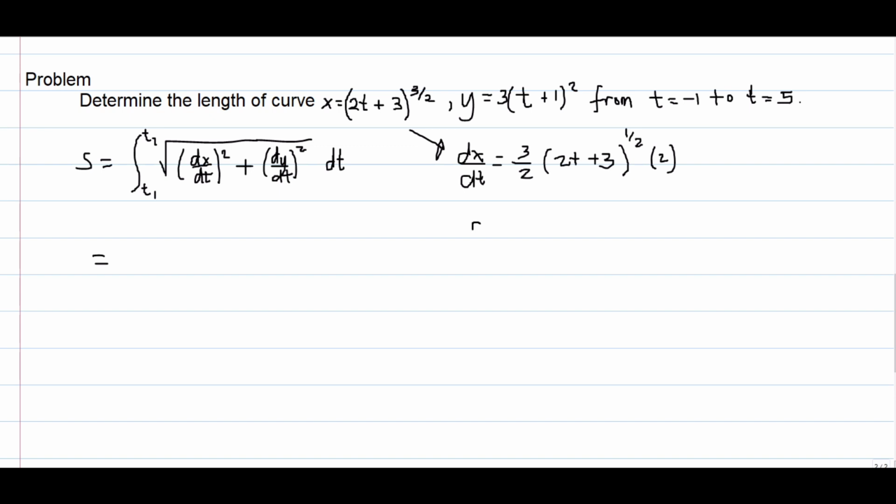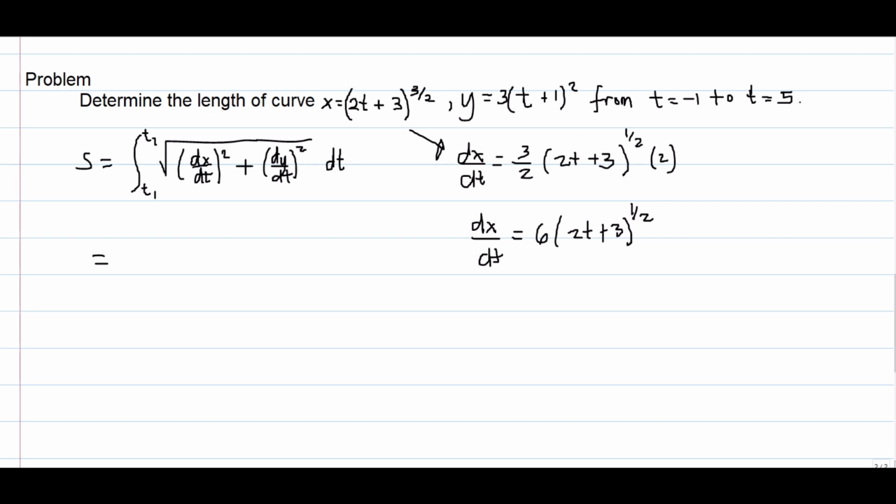So therefore our dx over dt equals 6 times 2t plus 3 to the power 1 half.